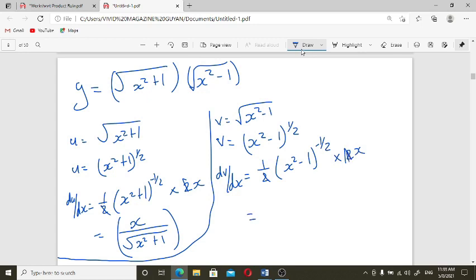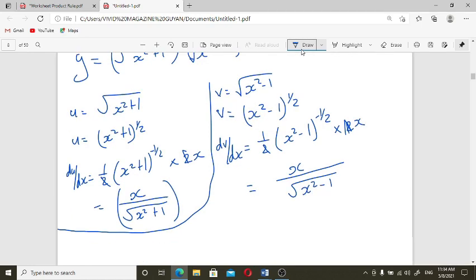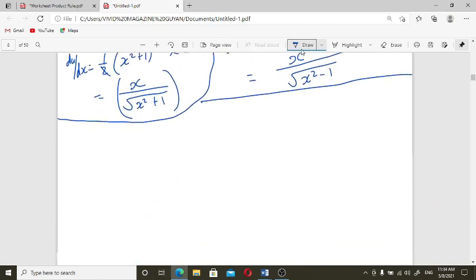So this is equal to x divided by the root of x squared minus 1. So I have my u, I have my du dx, I have my v, I have my dv dx.